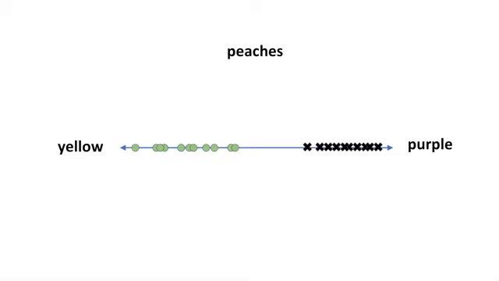The green circles all show good peaches, the black X's show bad peaches. Now that you have all this data, you would like to make a prediction. Based on a peach's color, do you expect it to be good to eat? Support vector machines allow you to do this. And what they do when you have two groups of data is they come and they put what looks like a road in between them.